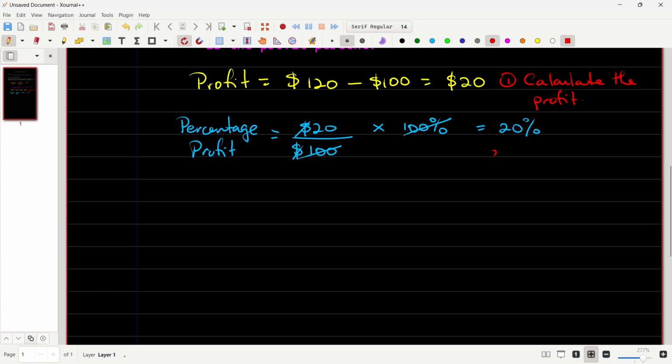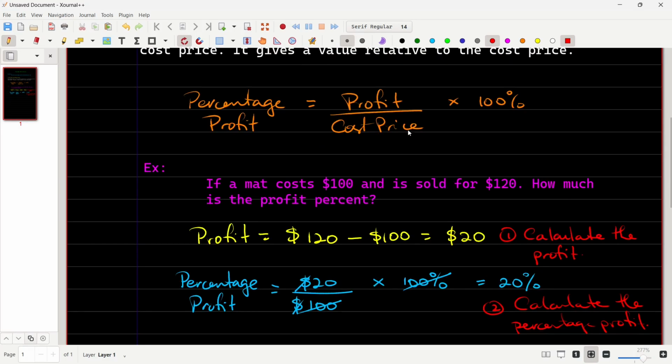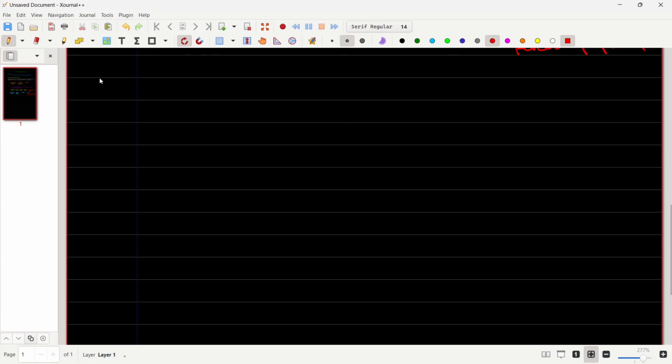So the next thing that we do is simply calculate the percentage profit. That's the only two steps that you require. Very simple, very easy. We're using all the knowledge that we had previously, and we're just giving it new labels.